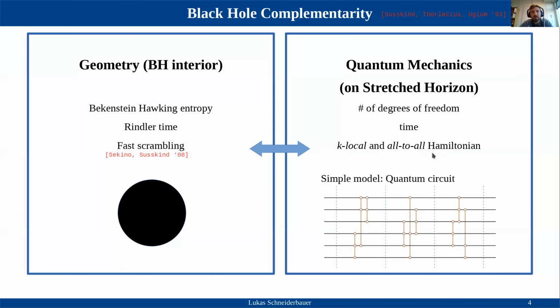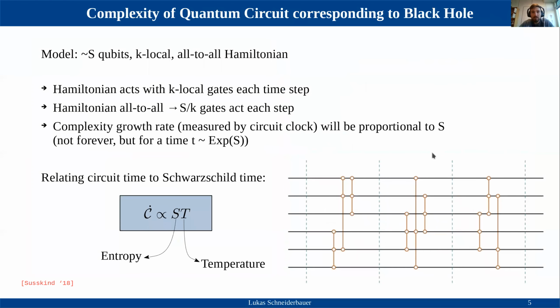So now we can combine the notions of black hole complementarity and complexity, and ask the question, what is the complexity of a state on a quantum circuit corresponding to a black hole? So we will have in mind this model, which has around s qubits.